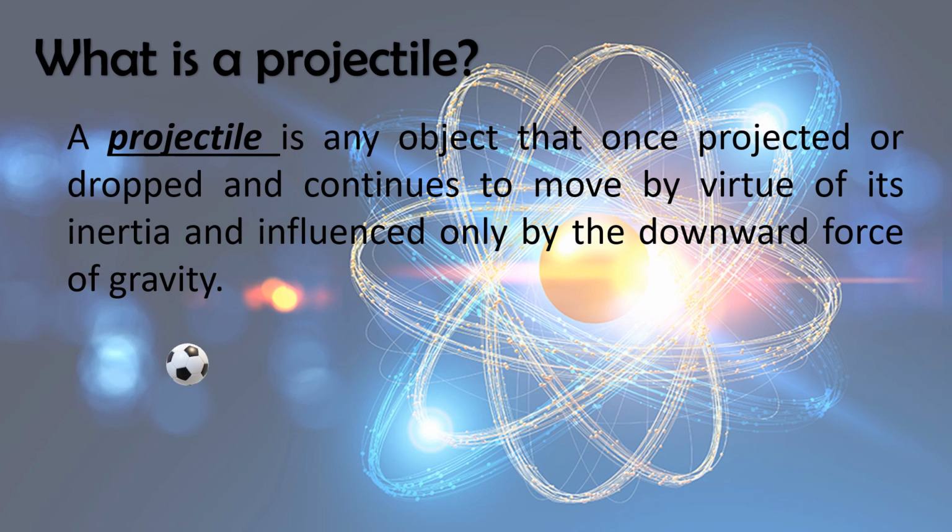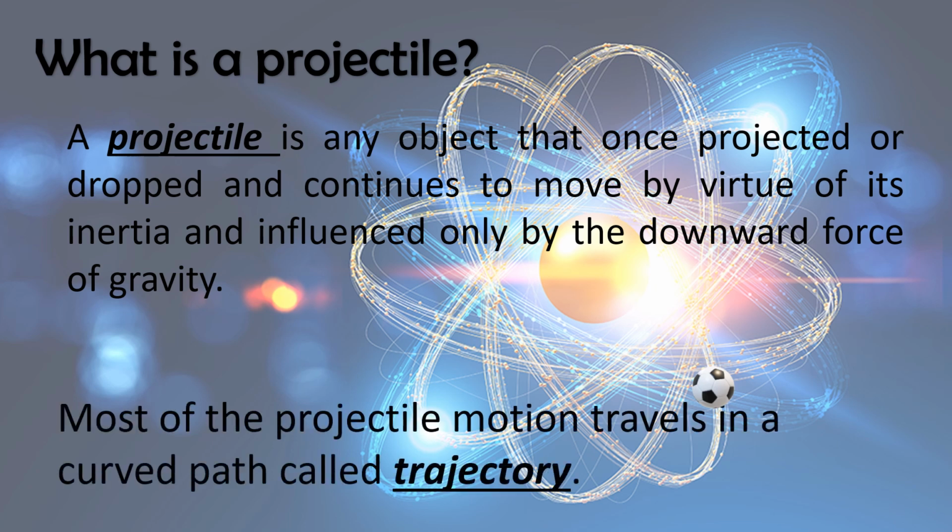So this is an example of a projectile, a soccer ball. Most projectile motion travels in a curved path called trajectory. This broken line shows the trajectory of a soccer ball.